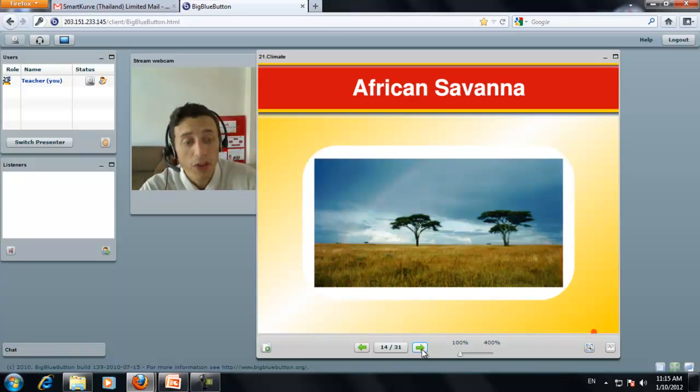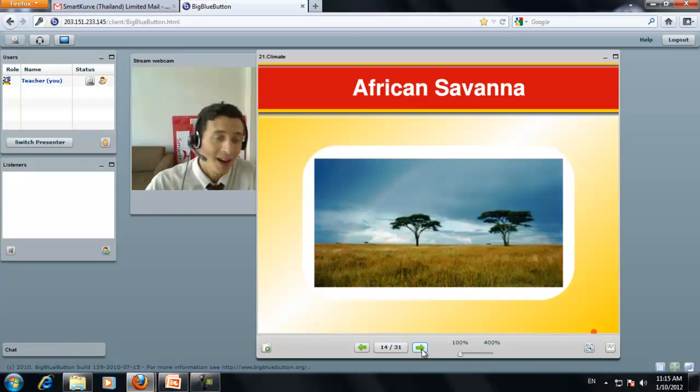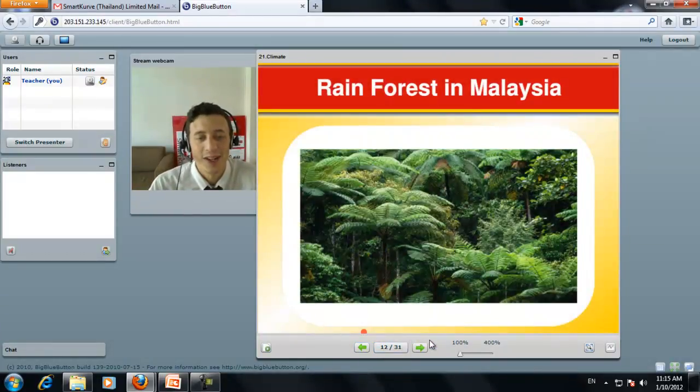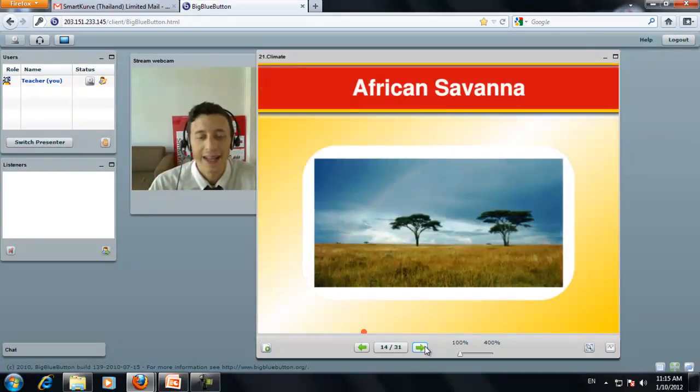Both of these, the African savanna and the Malaysian rainforest, could both be very close to the equator. And in fact, both probably are. But it's hard to imagine two places on Earth more different than that rainforest on slide 12 and that savanna on slide 14. That's the difference between tropical wet and tropical dry.